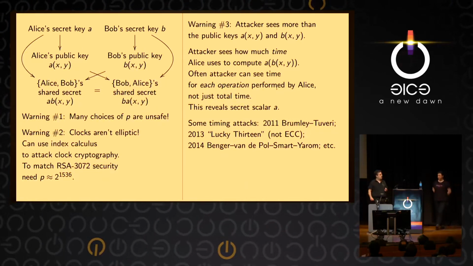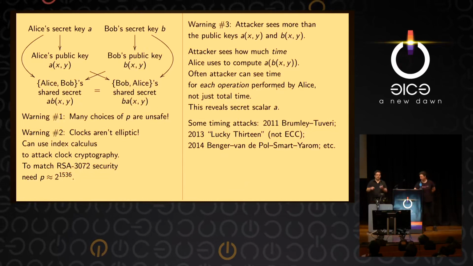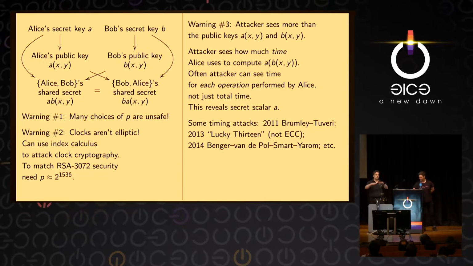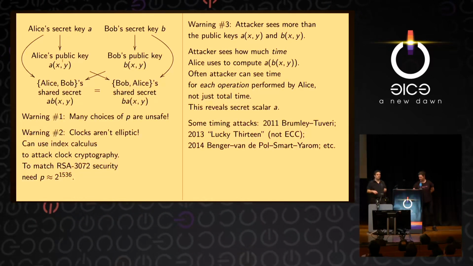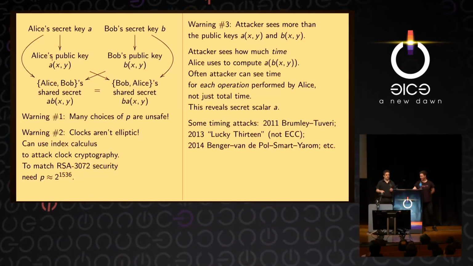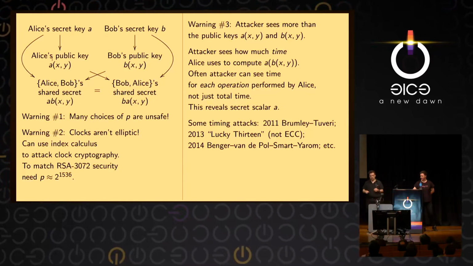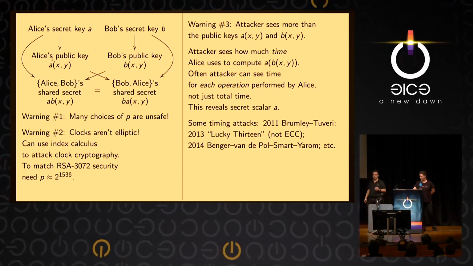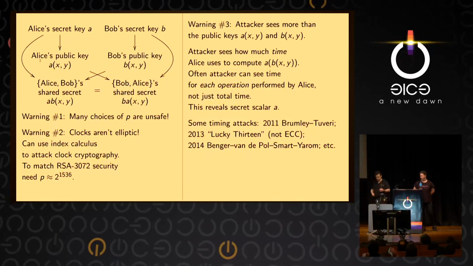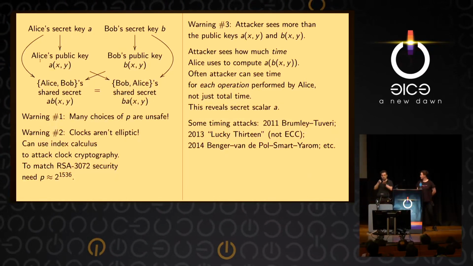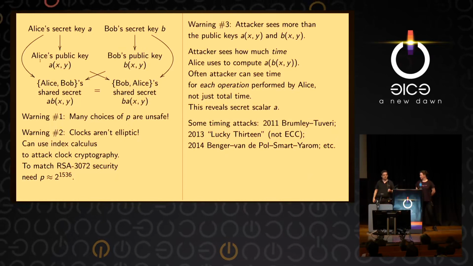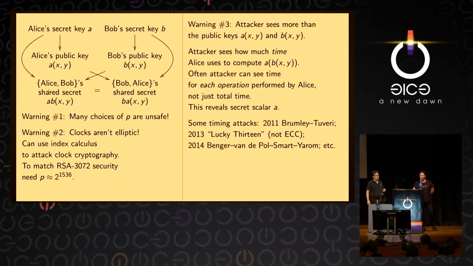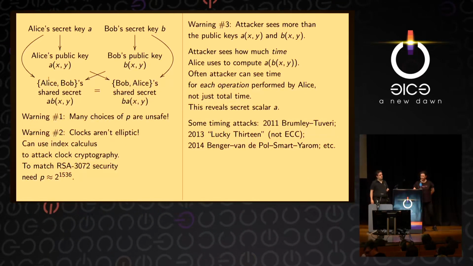A lot of times, the attacker can even see how long it took you for each individual operation that you were doing, because there are electromagnetic emissions or radio emissions or cache effects on virtual machines that affect other virtual machines running under the same hypervisor on the same physical hardware.